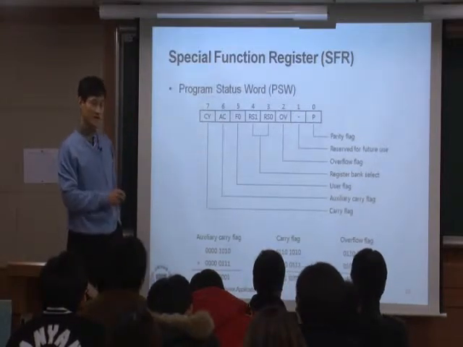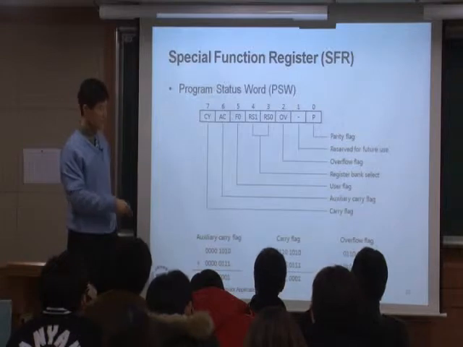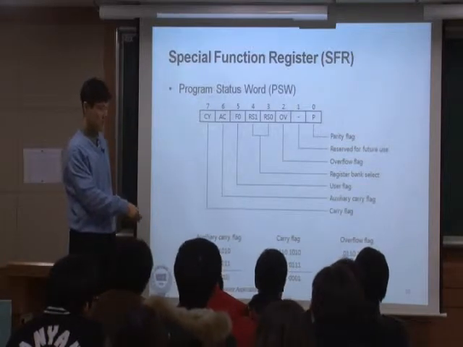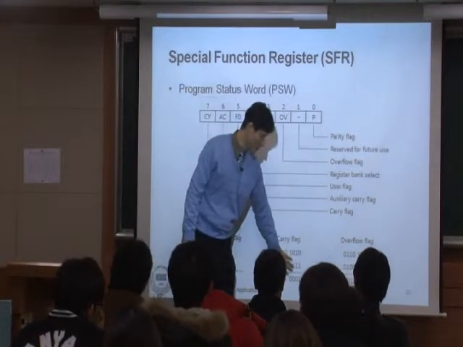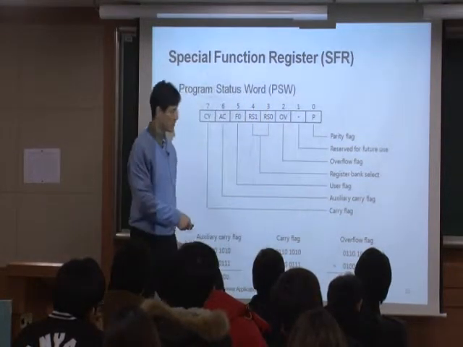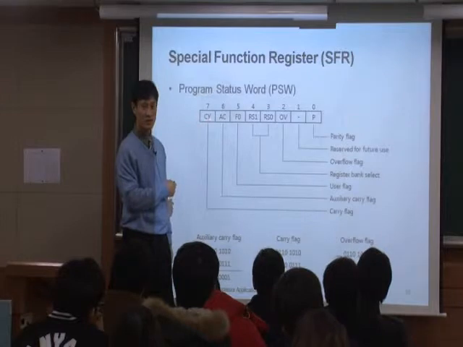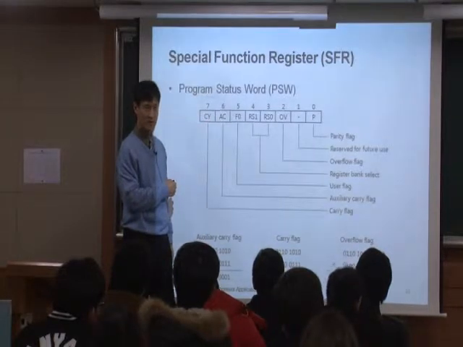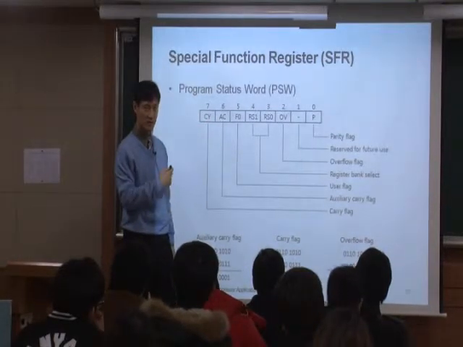So what does that mean? It means that when you do the addition, especially when you have big numbers, the first thing to do is check the carry flag, right? You see my point?